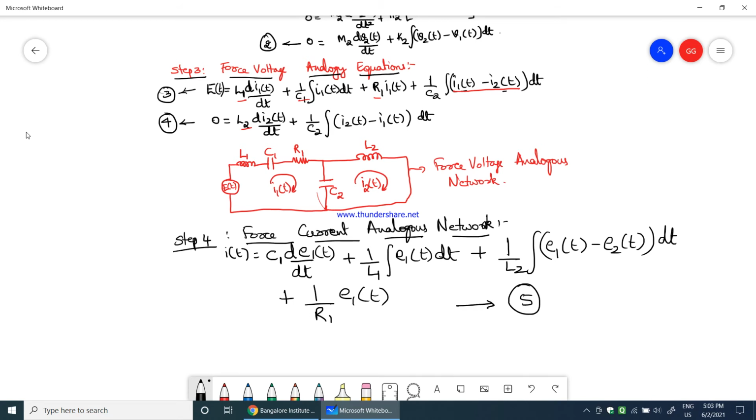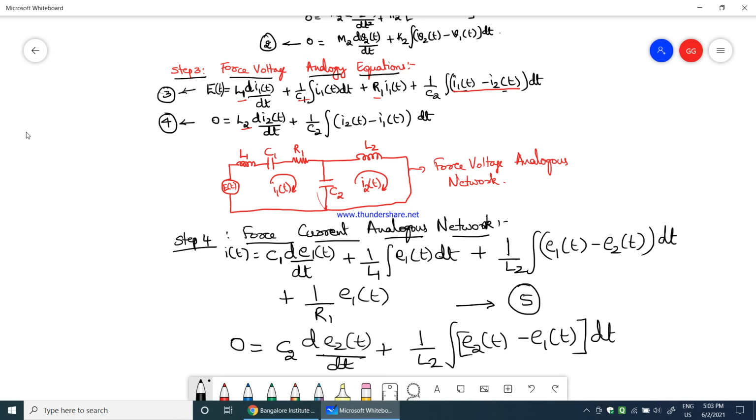Now the second equation is 0 equals M2. What is M2? It is C2. M2 is C2 dE2 of t by dt, plus what is K2? K2 is nothing but L2. Therefore 1 over L2 integration of E2 of t minus E1 of t dt.